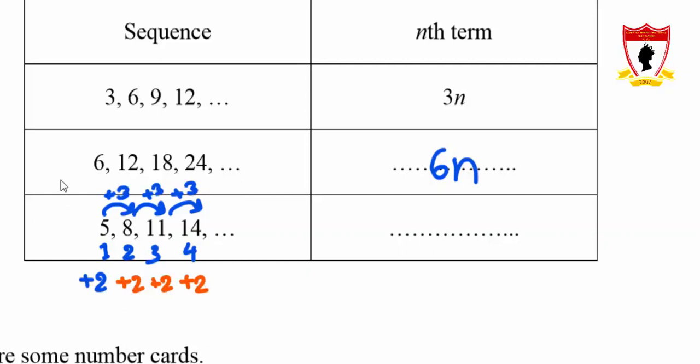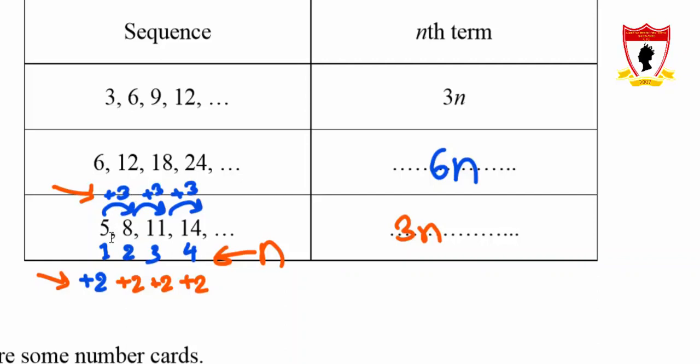So as you see, plus 3 is in all the terms, and plus 2 is in all the terms. But what we did, we said 3 times 1, it means 3n. These numbers are representing n, because for the first term n is 1, for the second term n is 2, for the third term n is 3, for the fourth term n is 4.